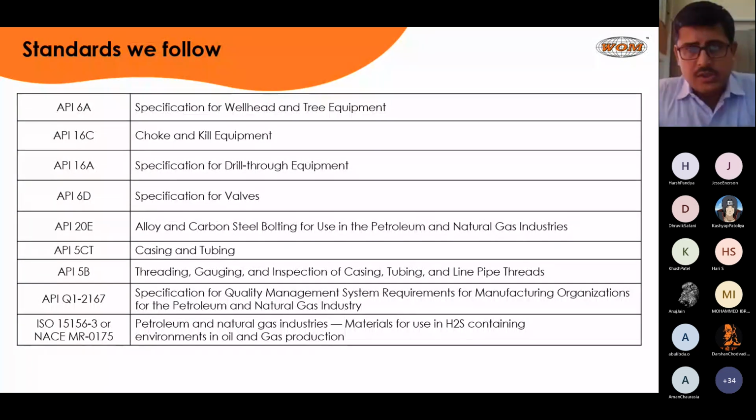6D is the specification for the valves. 20E is for the steel bolting or fasteners we use in the equipment. 5CT is for casings and tubings. 5B is for the threading, gauging and inspection of casing, tubing and line pipe threads. So 5CT and 5B go hand in hand.